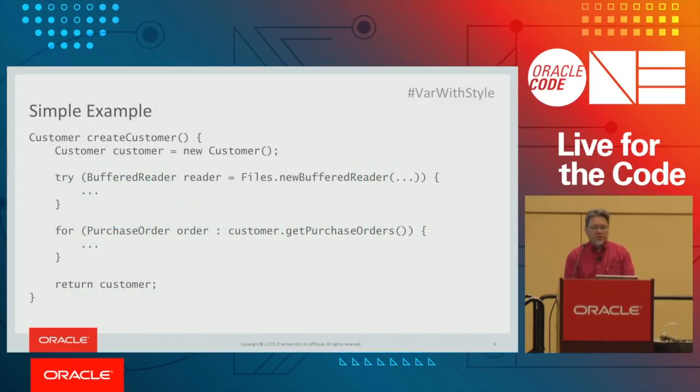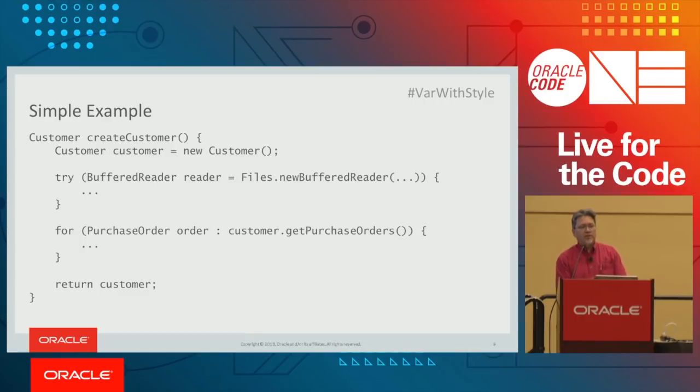All right, so let me run through a simple example here of showing var in context. We have a method createCustomer that returns Customer. So we create a local variable customer whose type is Customer, open a BufferedReader and assign that to a variable to use within the try-with-resources, and then we get some purchase orders out of the customer and iterate over the orders using a for loop. And so you can start to see there's a lot of redundancy here.